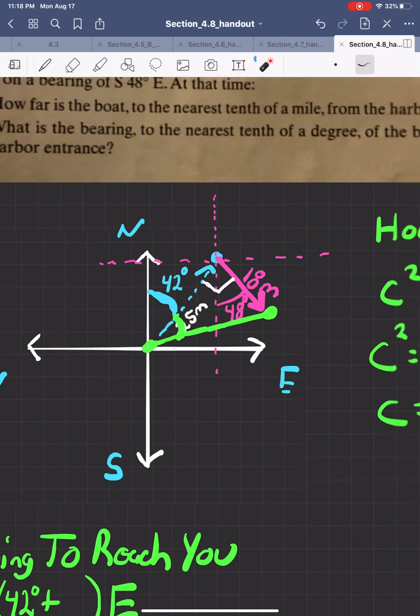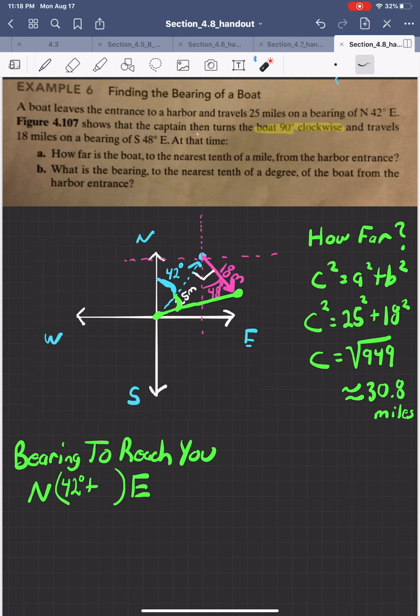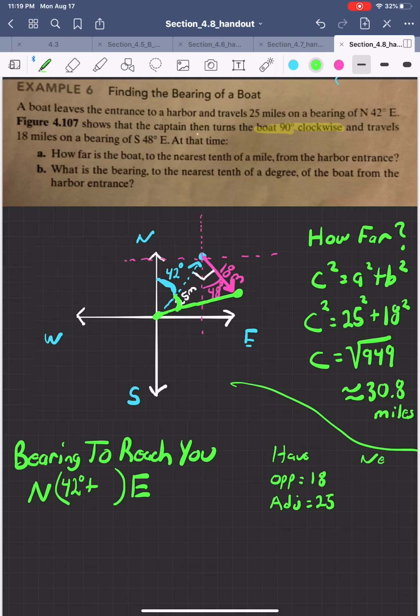So let me see if I can get back to where I was. What do we have? Well, opposite is 18 miles. We know that adjacent is 25 miles. What do we need? Well, we need the angle, right? We need theta.